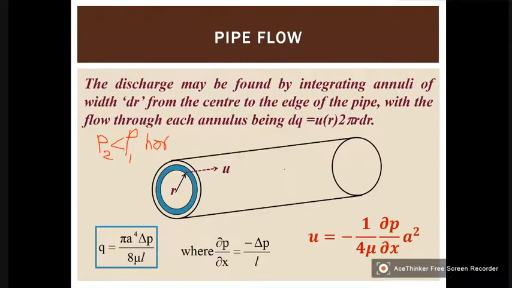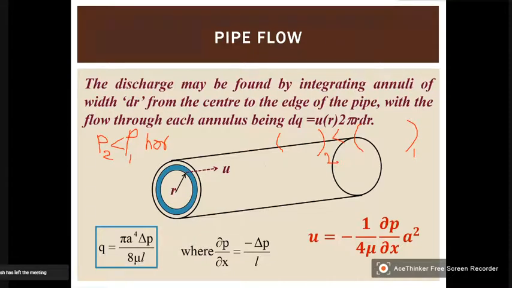For an inclined pipe, what must be the correction? What you have to replace? P is to be replaced by P sin alpha, if the pipe is inclined.